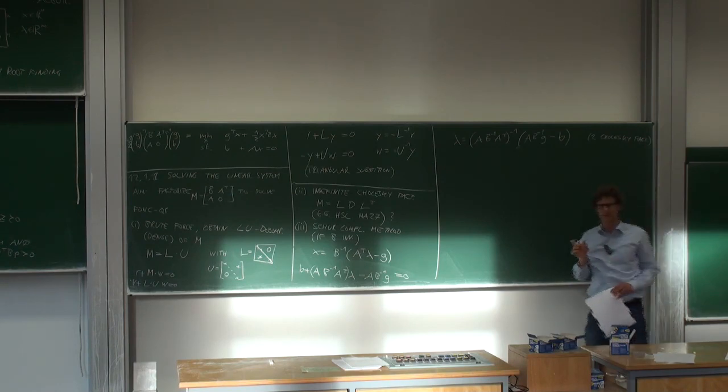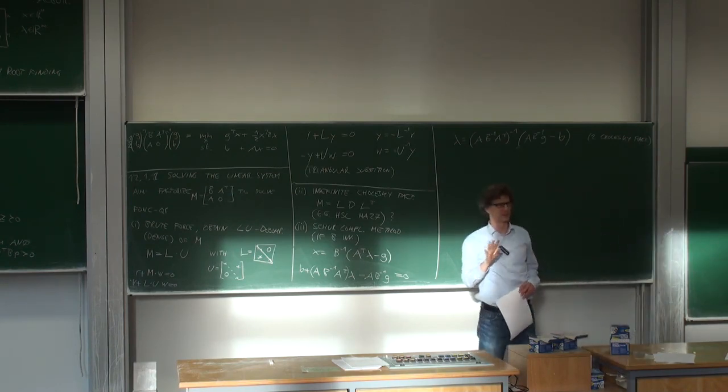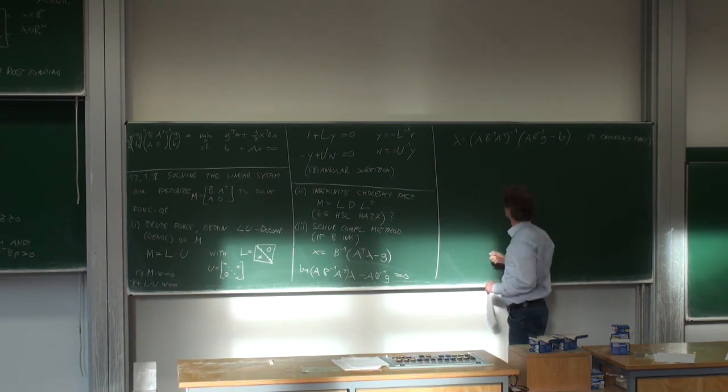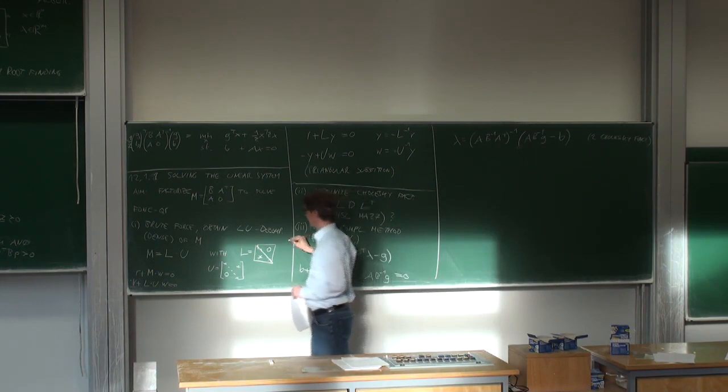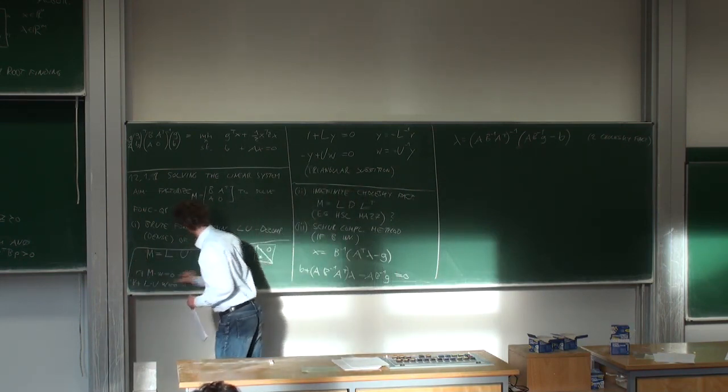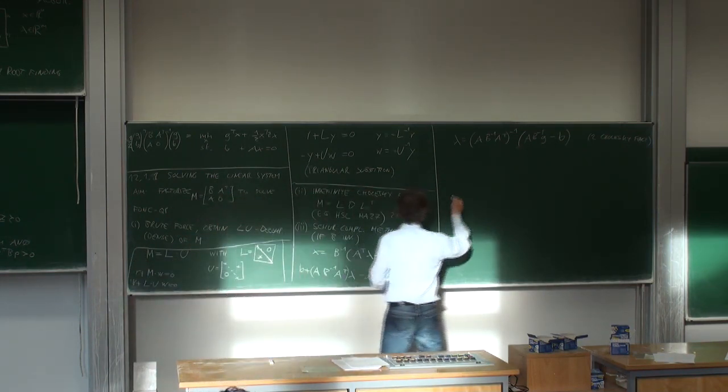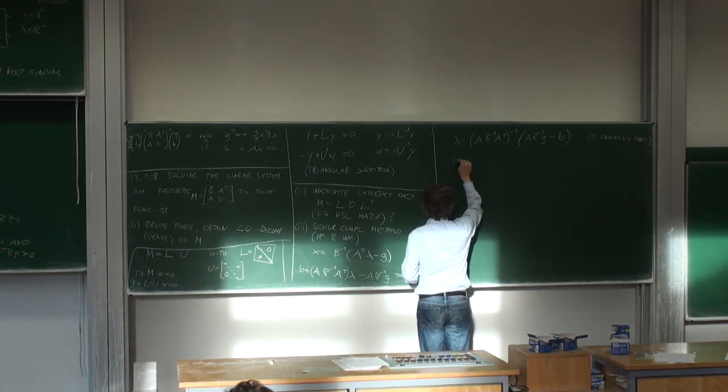And maybe someone wants me to explain Cholesky. Did you hear about Cholesky factorizations before? No? So it's maybe better to also explain what Cholesky is. That was the LU. So what is a Cholesky decomposition?